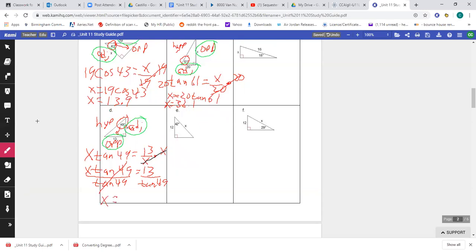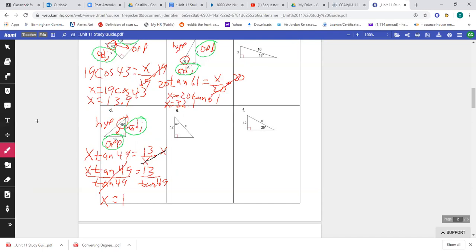Now, once again, if you have an iPhone, you are going to do 13 divided by 49 tan equals. However, if you have a regular calculator or an Android, you're going to type in exactly as it is: 13 divided by tan 49. Okay?